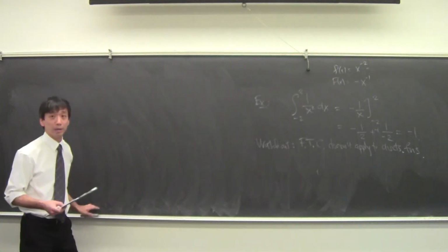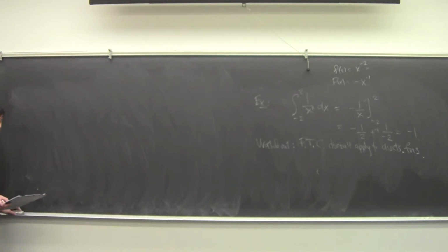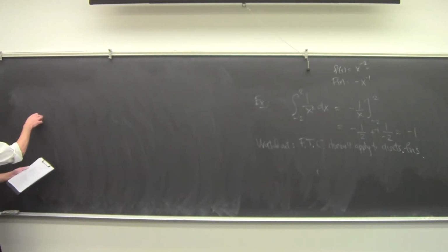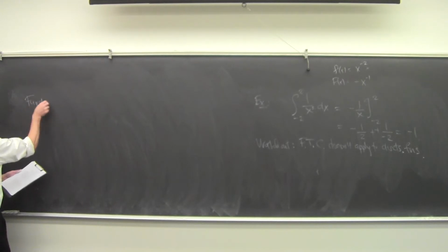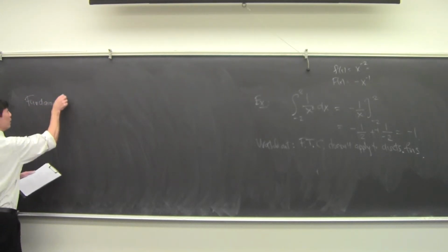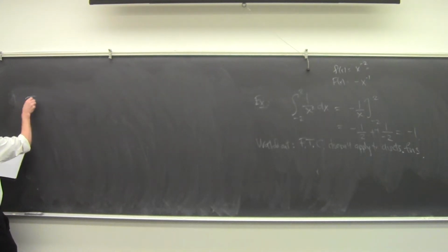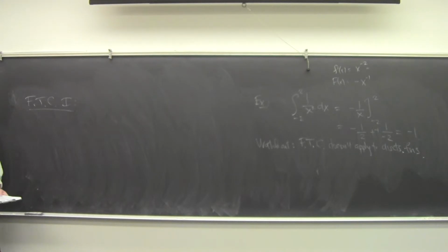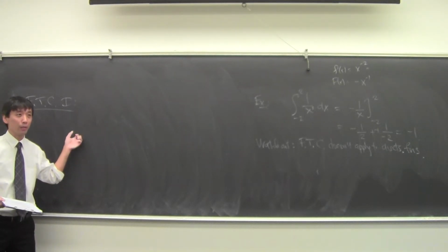If you wanted the area of this thing, you'd have to do it in some other way. Okay. Fundamental theorem of calculus 2, we're not going to explain yet. Instead, we're going to talk about fundamental theorem of calculus number 1. And we'll get fundamental theorem of calculus 2 from fundamental theorem of calculus 1.